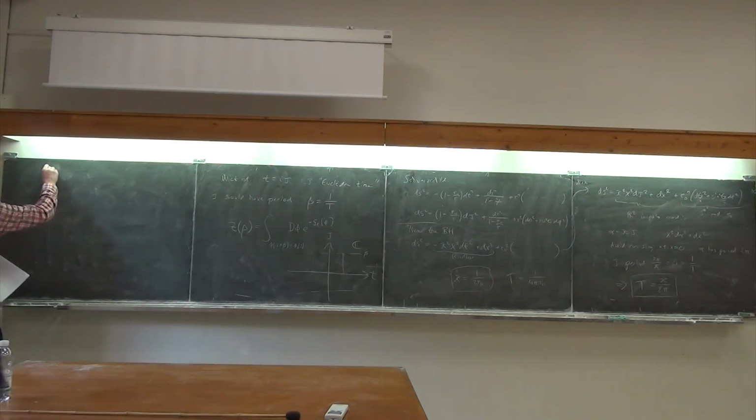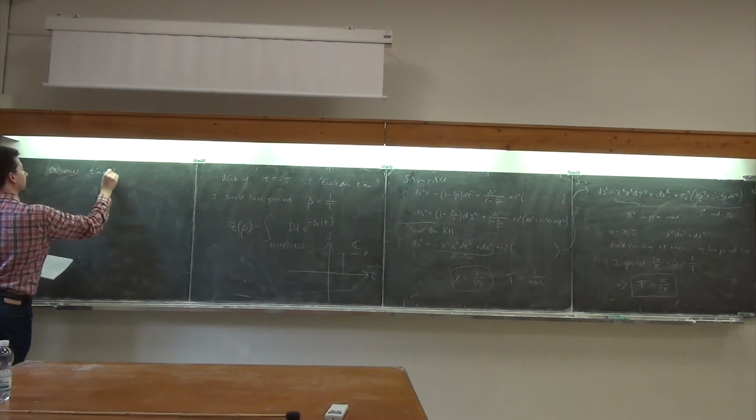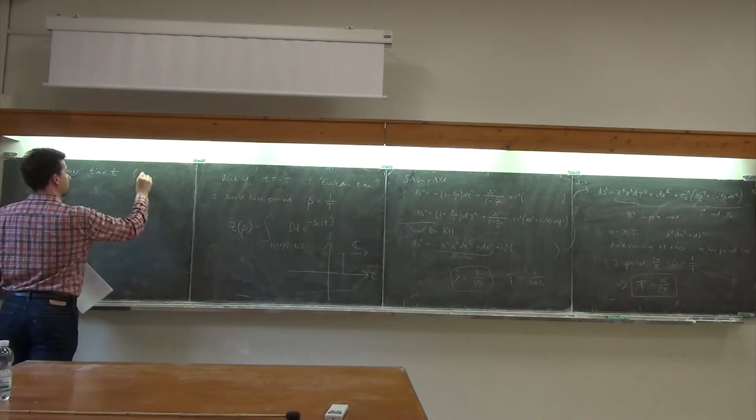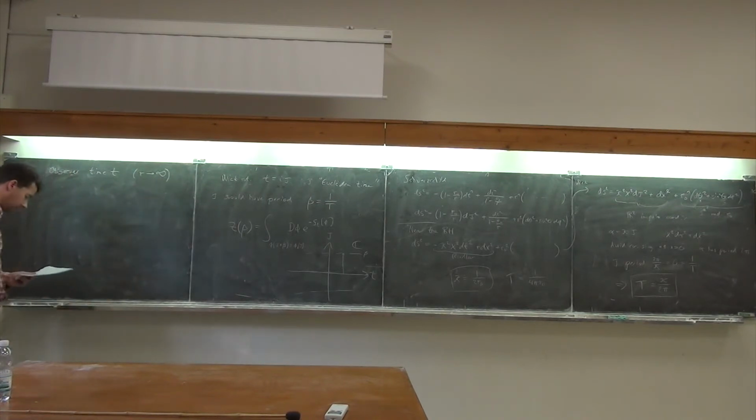We have actually been looking at the proper time. We have been assuming that the observer uses the time t, right? So this corresponds, as you know, to having the observer at r going to infinity, so far away from the black hole.